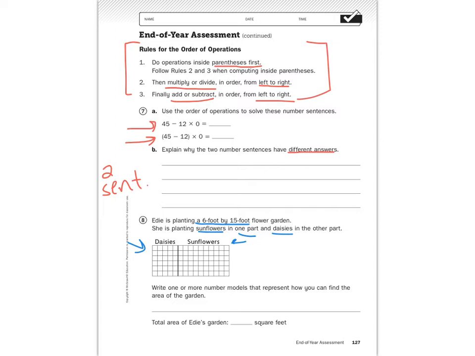Write one or more number models that represent how you can find the area of the garden. So last week we did this with beans and carrots, and then remember in the end we figured it all out together. So good luck on that one. If I were you, I would do 2 number models down here using that break apart strategy.